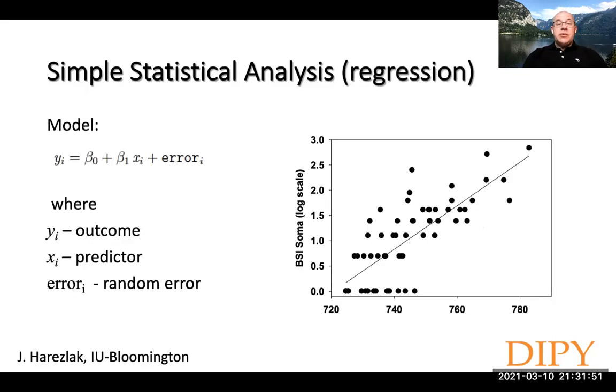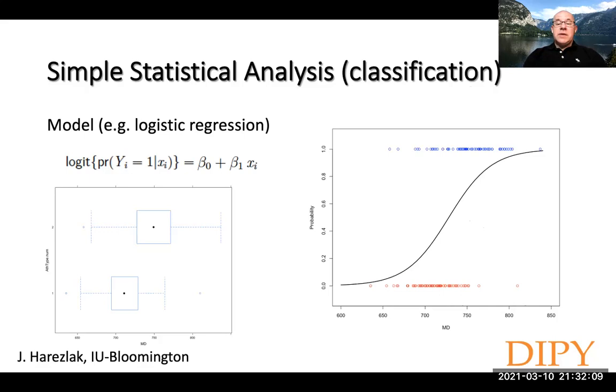For the simple statistical analysis, we can use linear regression. If we have a continuous outcome Y and predictor X, we can fit just a simple linear regression model, something I'm sure everybody has seen. Now, if we have patients and controls, again, we can fit a simple statistical model, trying to classify patients and controls, and we might just use one covariate for that.